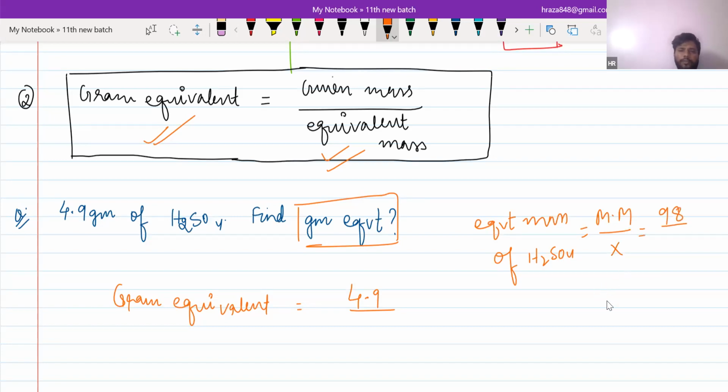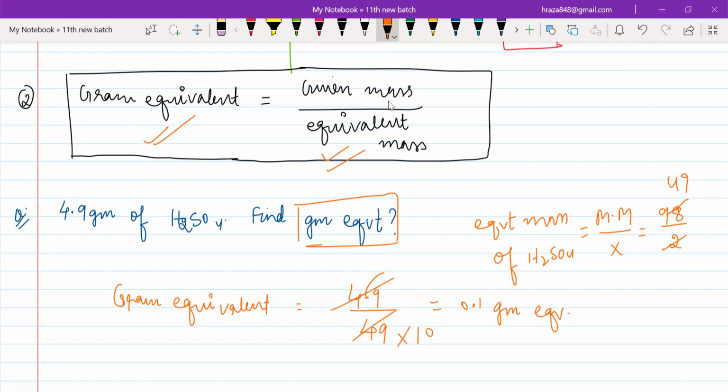And what will be the value of X for H2SO4? Two. So it will be 49. Just put the value 49 and remove the decimal, and you will get 0.1 gram equivalent. Isn't it easy?